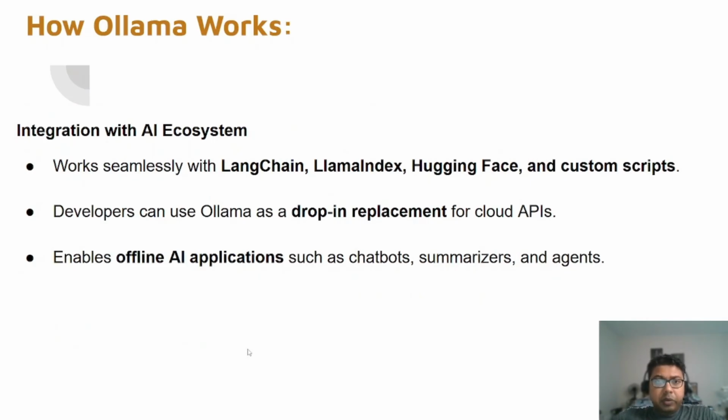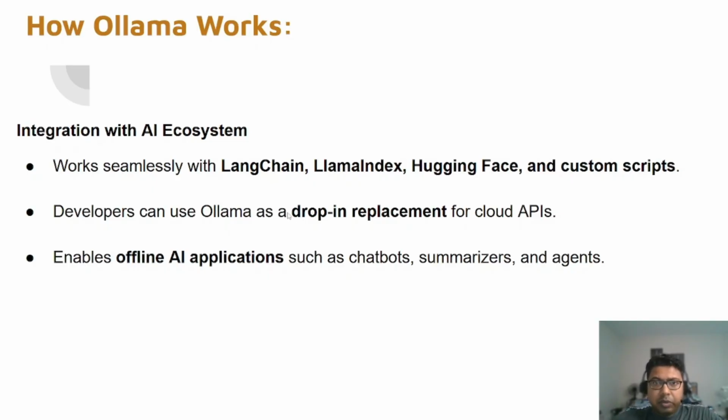Integration with AI ecosystem. So the AI ecosystem is very vast. At this point, Ollama supports LangChain, Llama Index, Hugging Face, and custom scripts. LangChain is kind of a chaining mechanism where we can take one output and use it as an input for a different step, or different, what should I say, flow.